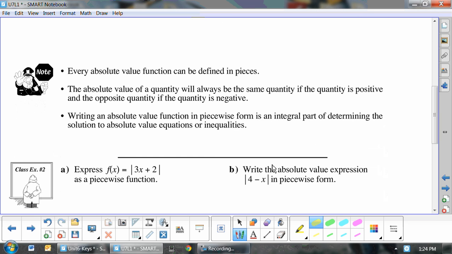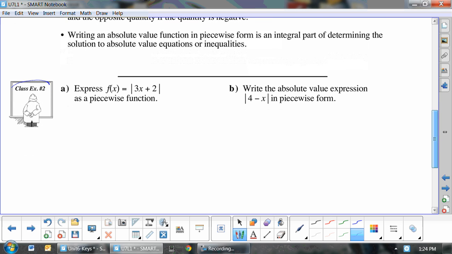So we know that all absolute values can be defined in pieces. Okay? And then so for example, 2, A and B, to write this in a piecewise function, this is how you start. You go, okay, f at x is equal to, and then you do one of these brackets. And then for the positive side, we know we can pull that straight from there.